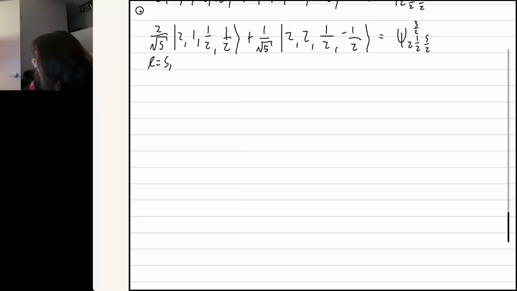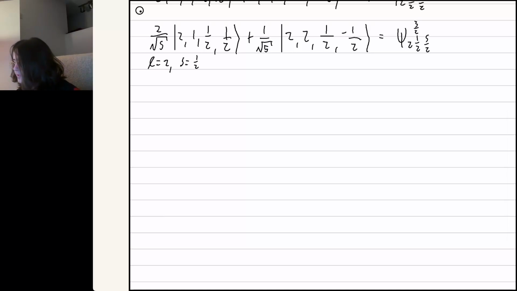Because we're going to have the same ms, we'll be able to use the same basis vectors. J is now 3 halves, m is going to be equal to 3 halves.